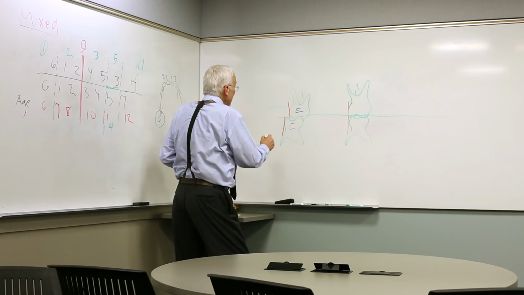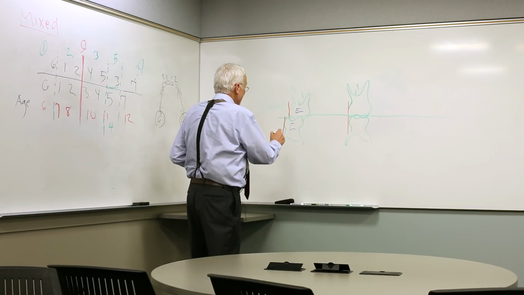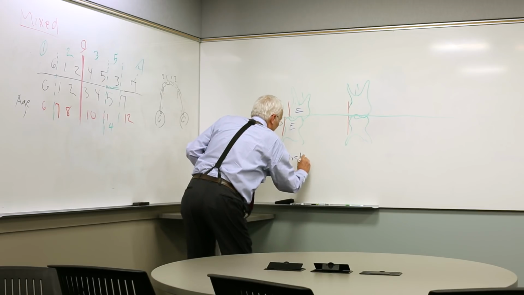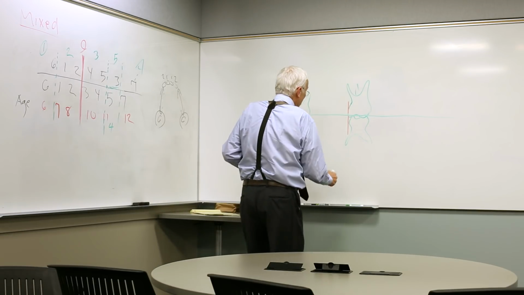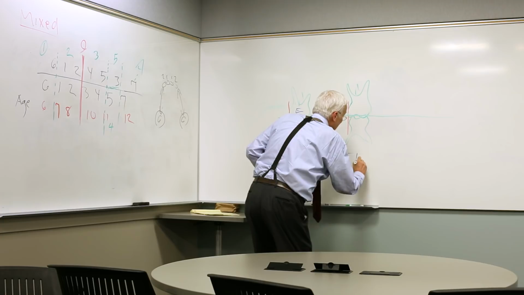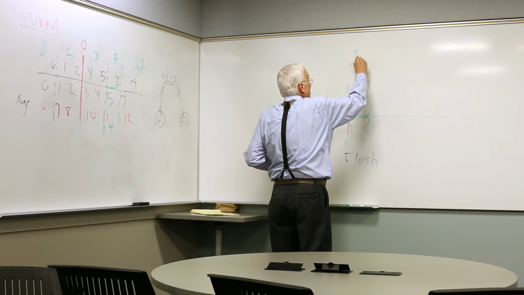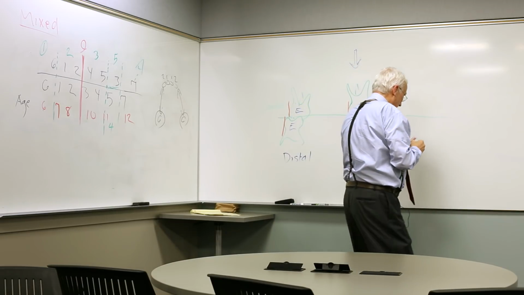Now, this is what's called a distal step. This arrangement is a flush terminal plane, and this is the most common in our population.